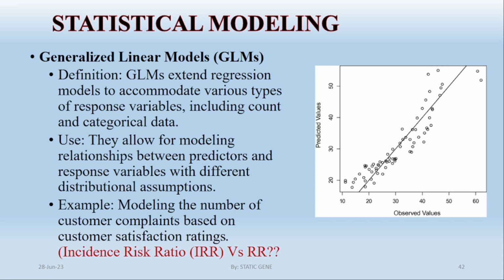For example, when you model the number of customer complaints based on customer satisfaction rating. Generalized linear models are reported in terms of incidence risk ratio. This is also sometimes known as Poisson regression. It's a similar thing.